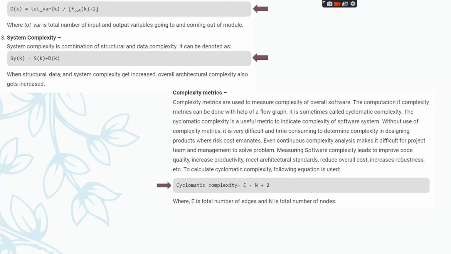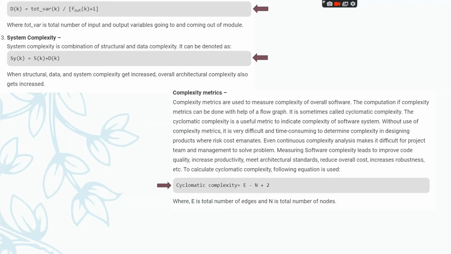Now we see what a complexity metric is. A complexity metric is used to measure how complex the overall software is. The computation of such a metric can be done with the help of a simple flow graph, and this is called cyclomatic complexity. Cyclomatic complexity is a useful metric to indicate the complexity of a software system.